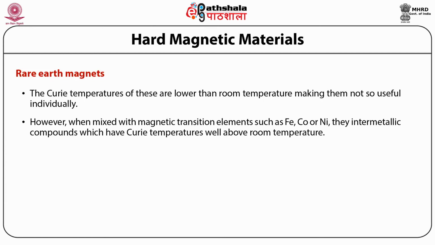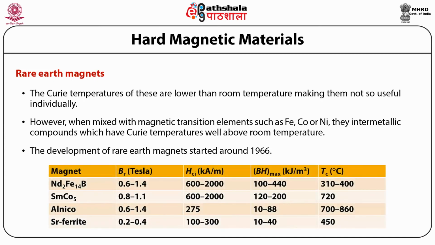The development of rare earth magnets started around 1966. As shown in the table which lists all the rare earth magnets, one of them is YCo5, which is an alloy of yttrium and cobalt.